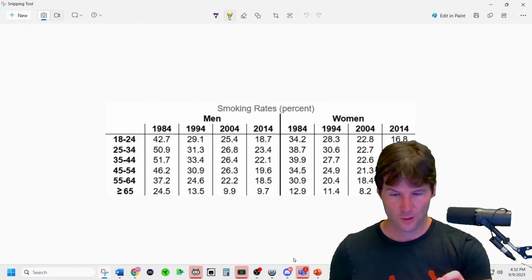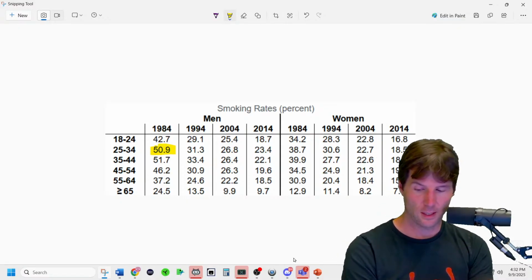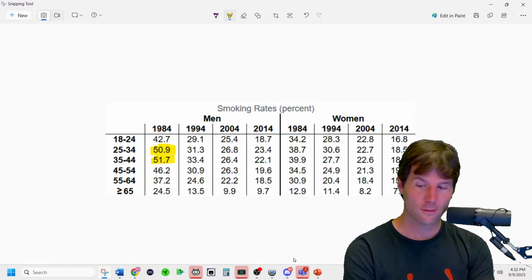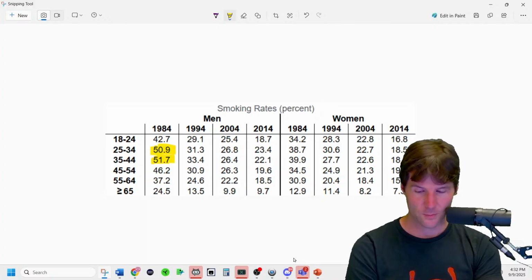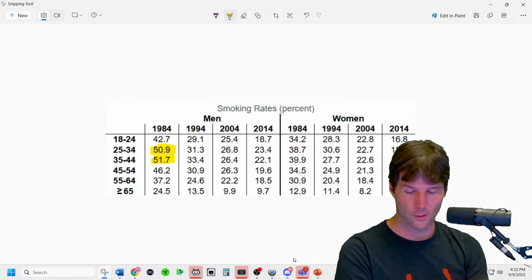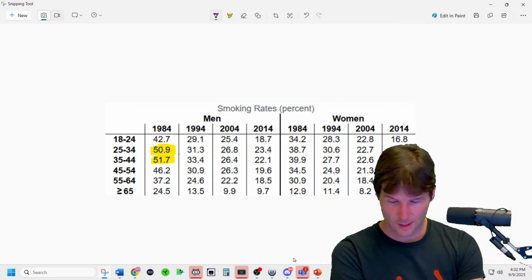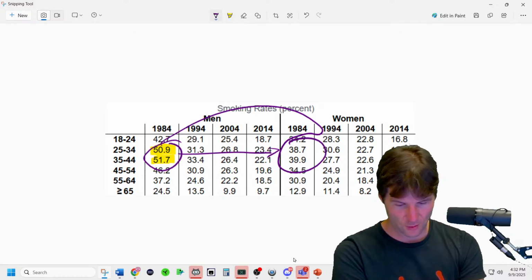Well, the smokers are definitely in here. It's going to be men my age, because I'm 25, in the 80s. 80s men are smoking. So now we look, and these rates are decreasing. As you go forward in time, they're decreasing. If you look at women counterparts, they also decrease.